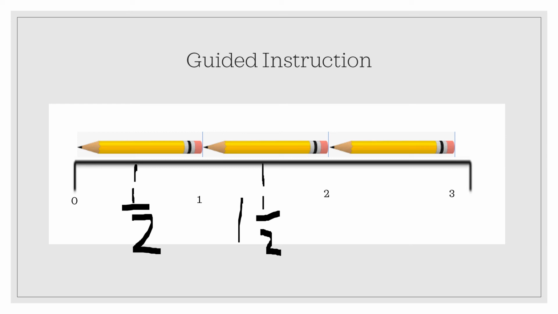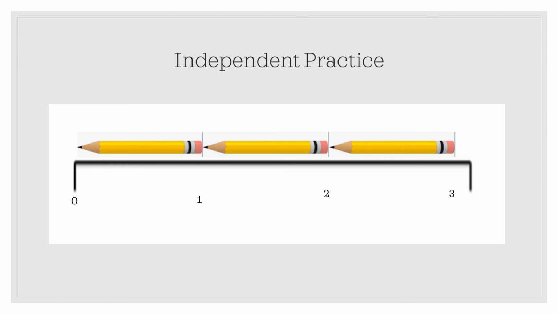So let's count by halves really quick. So this is 0, half, 1 whole, 1 and a half, 2 whole, and 3. Again, before you start your independent practice, let's count by halves.